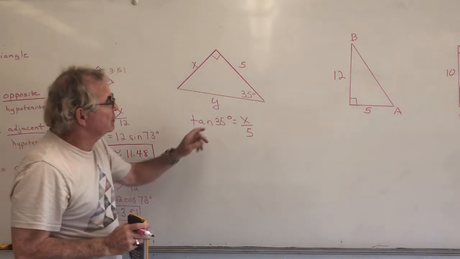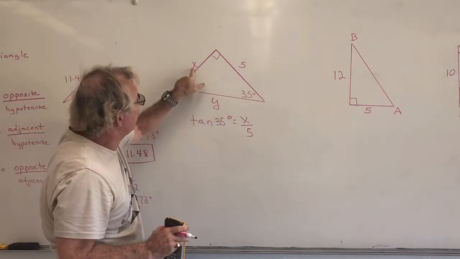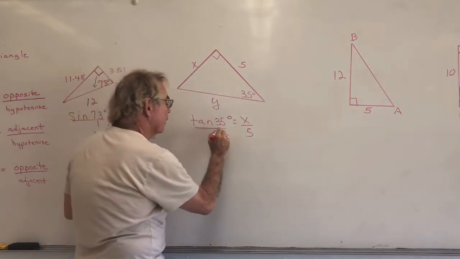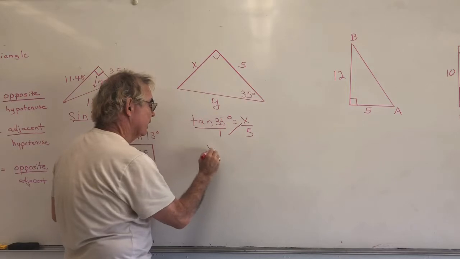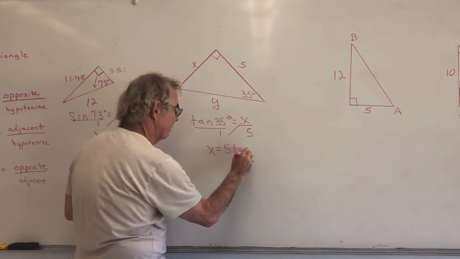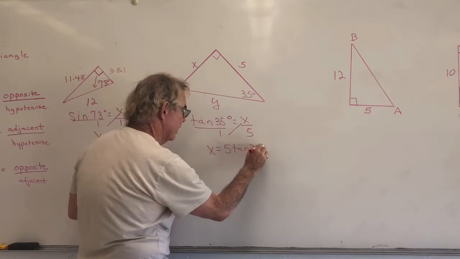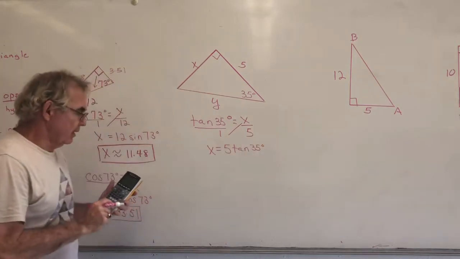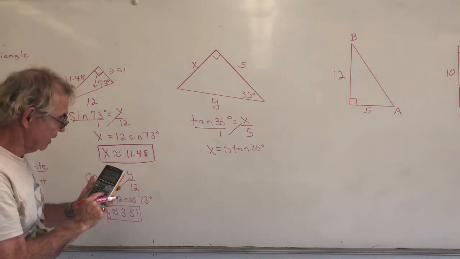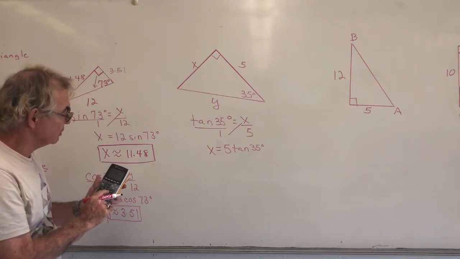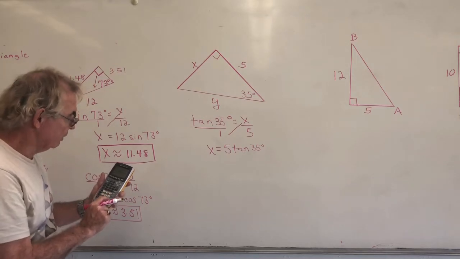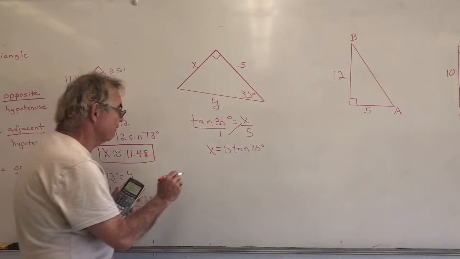If we cross multiply, we get x is equal to 5 tangent of 35 degrees. Typing that into your calculator, you would have 5, the tangent key is to the right of the cosine key that we just used, 35. And we would get approximately 3.50.